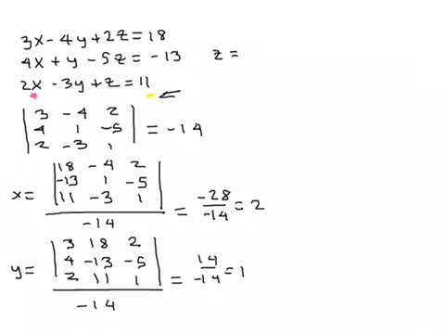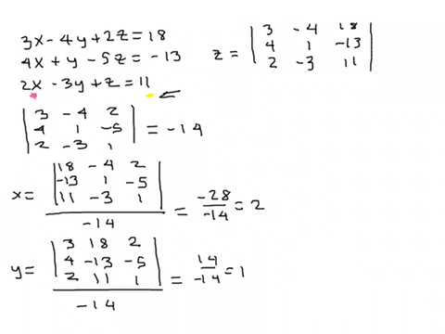So remember, what we're going to do is we are now going to replace the z column with the right-hand side. So the x column stays the same. The y column stays the same. The z column becomes the answer column, or that right-hand side: 18, negative 13, and 11.